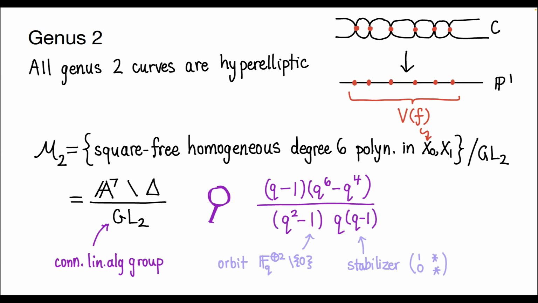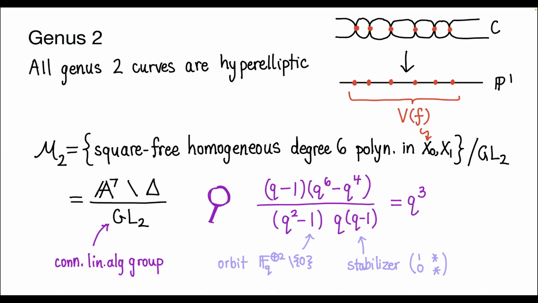And on top, you can count these square-free polynomials using a sort of inclusion-exclusion argument, and then you could count the points of GL2 over FQ using the orbit stabilizer theorem, if you like. And what you'll find is there's some cancellation in this expression, and the point count of M2 over FQ is Q cubed.